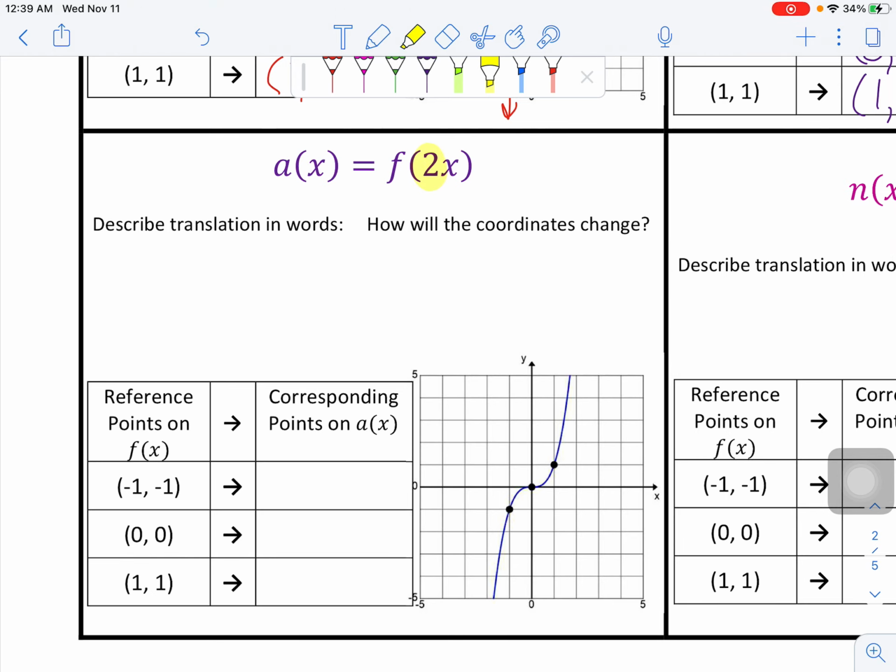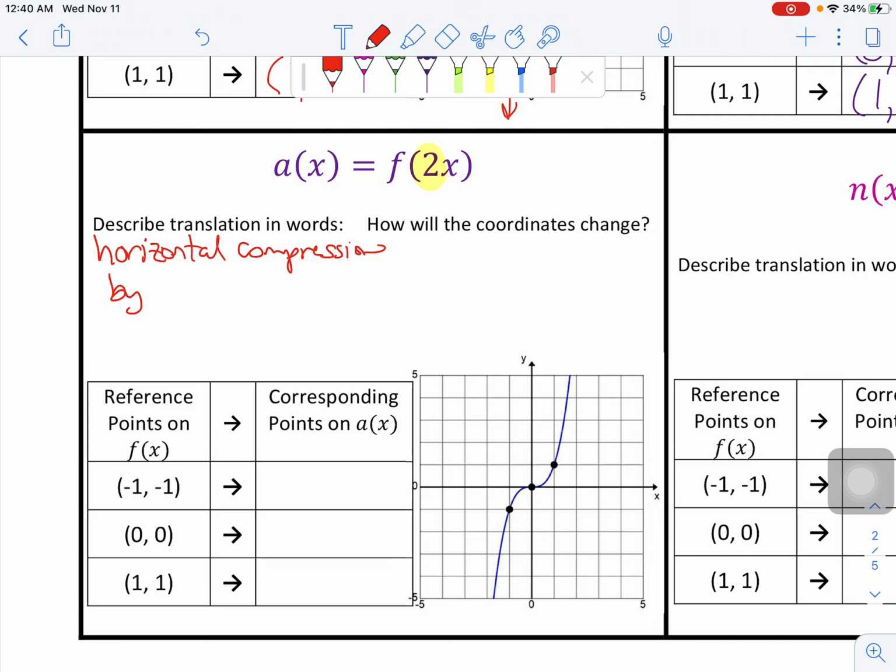Okay, so we've got 2x here, which is right inside the parentheses, right? It's right up next to that x. So describe the translation in words. This is, again, the horizontal ones are where it gets goofy. So this is actually a horizontal compression.